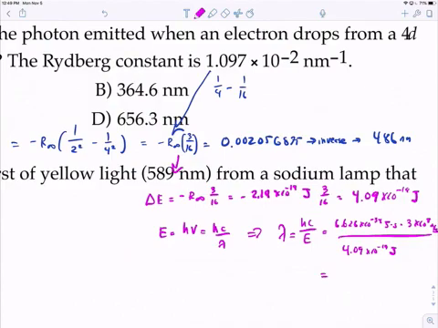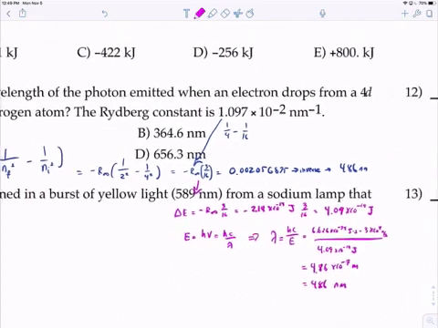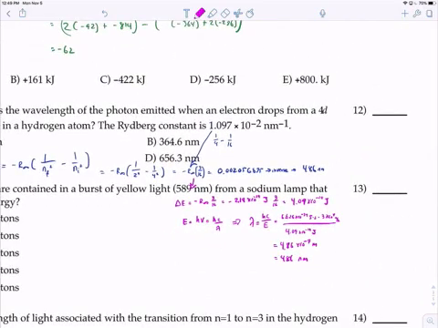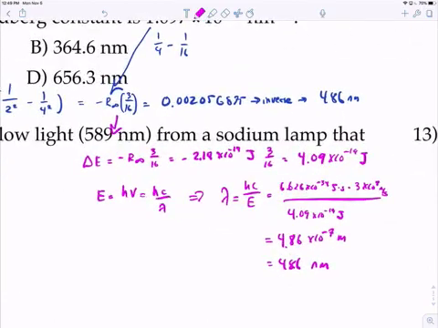And this equals 486 times 10 to the minus 7 meters, which is 486 nanometers. So two ways to do it, give the same answer.